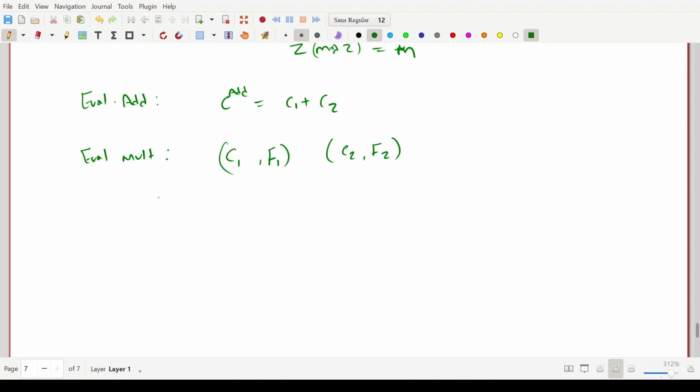So what I have to do, I have to say C mult, which is C1 into C2 modulo q. Okay, this is what I have to decrypt. Earlier I was able to decrypt it by F1 multiplied by the product of this intersection part, correct? If it was not an intersection, then it was easy.